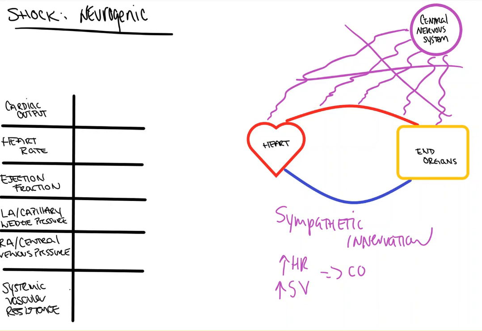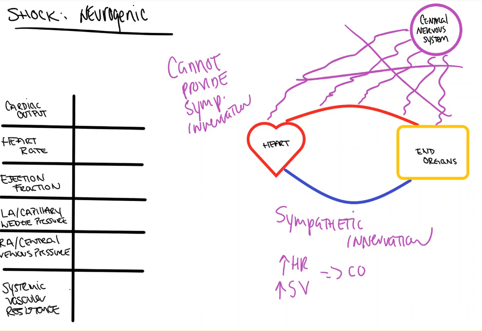You'll see these mostly in the settings of trauma, spinal cord injury, brain trauma, and these patients cannot provide sympathetic innervation to their blood vessels, to the muscles that surround their blood vessels, to constrict and increase their pressure.